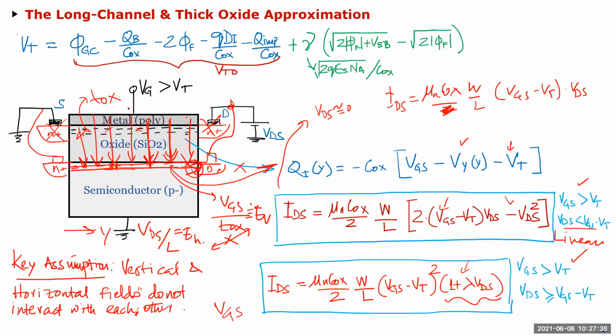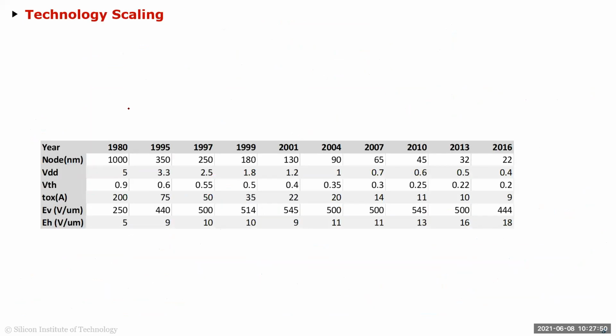And once you do that, the assumption that the horizontal field and the vertical field don't interact doesn't hold anymore. And that's where all these second order and third order effects really pop up and make your life harder. Okay, so here I've shown you this table, which I got from the Hodges book.